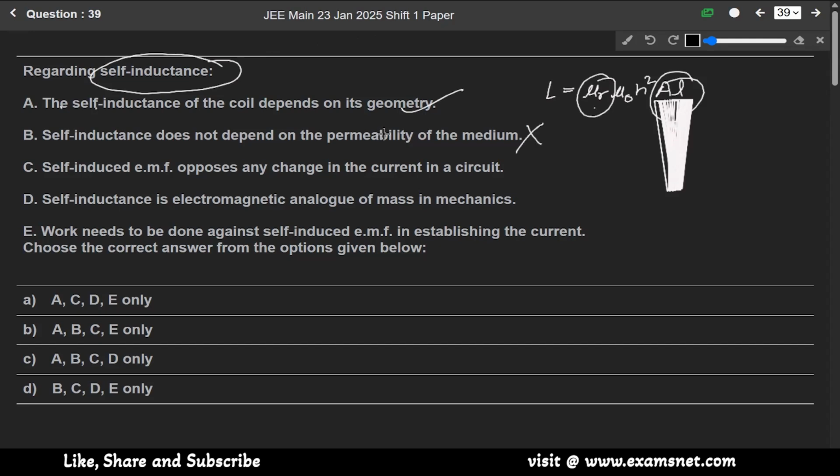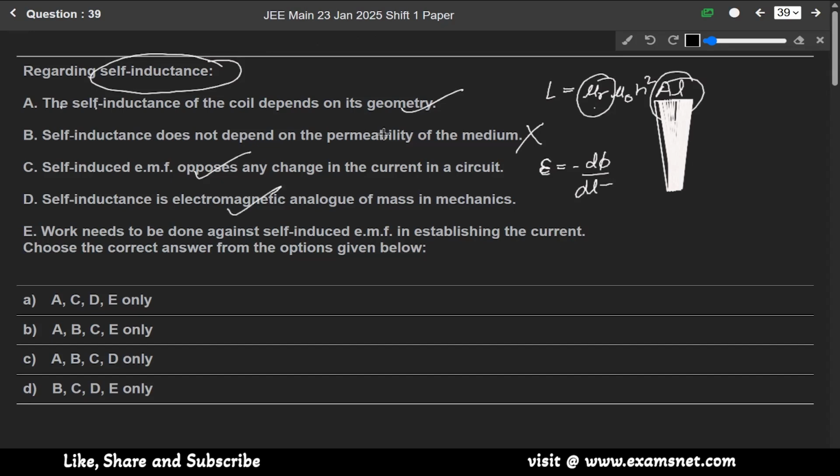The third one is that self induced emf opposes any change in the current in a circuit. We know that emf epsilon equals minus del phi over del t, so this statement is also correct. And the fourth, self inductance is the electromagnetic analog of mass in mechanics, is also correct.